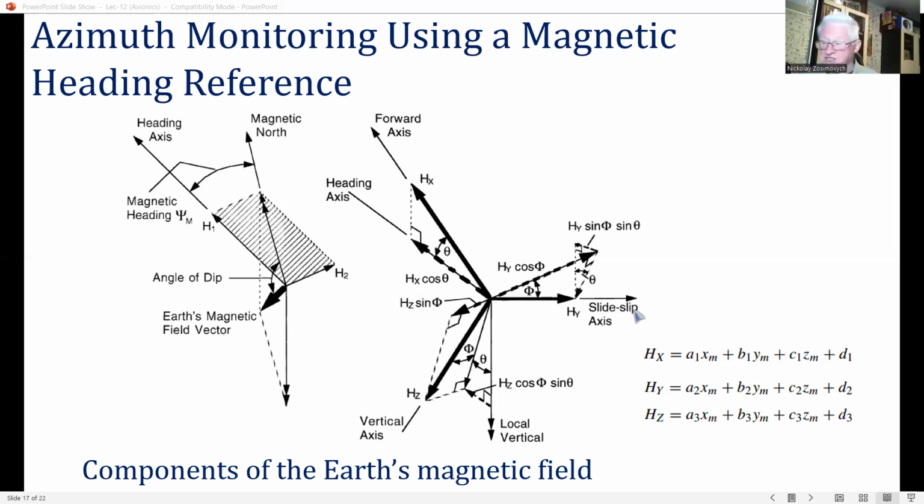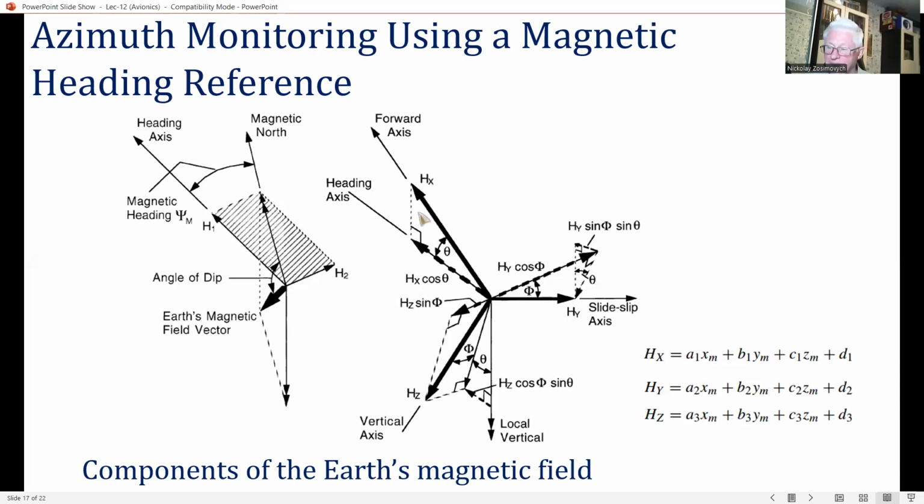In this set of equations, the coefficients A1, A2, A3, B1, B2, B3, C1, C2, C3, and finally D1, D2, D3 are measured and stored in the AHRS computer, so that the fluxgate measurements can be corrected and the true components HX, HY, and HZ of the Earth's magnetic field can be determined.